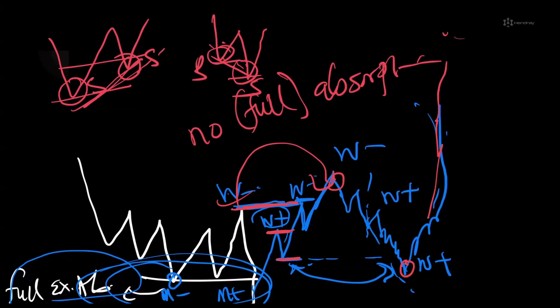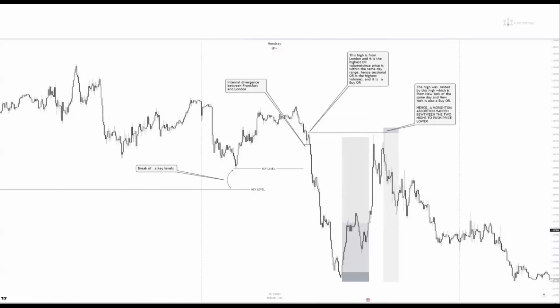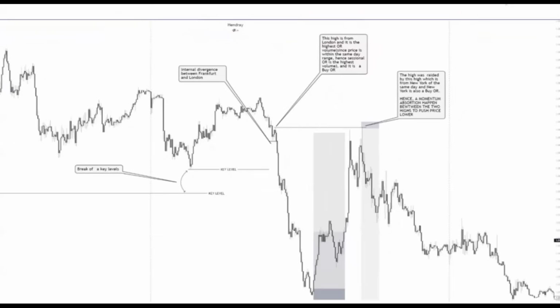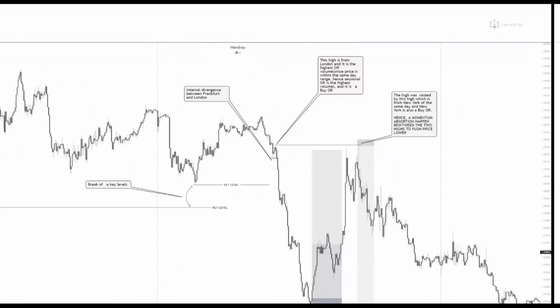The true participant. So that is everything about momentum absorption. Let's look at the example. In this example, we are still within the same day. This is the day open, and of course the day did not flip. The day opened as a sell, as you can see, and it is still a sell, so it is still D minus.